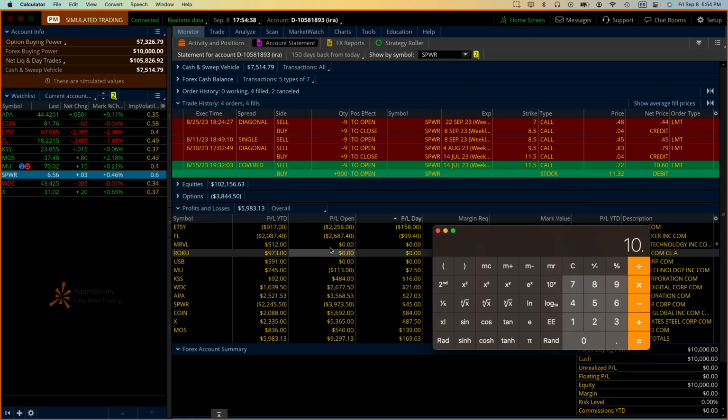We started with $10.60. We gained a credit of 79, then another credit of 45 cents, and then another credit of 44 cents. So we've been reducing our cost.